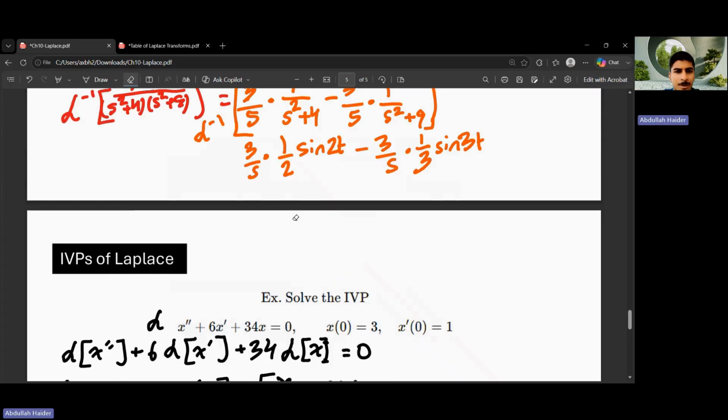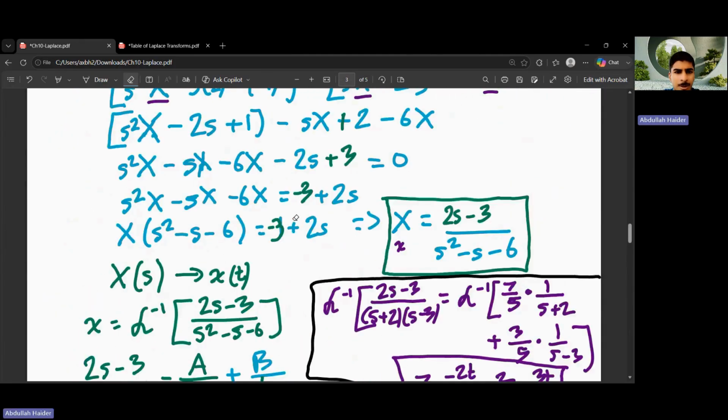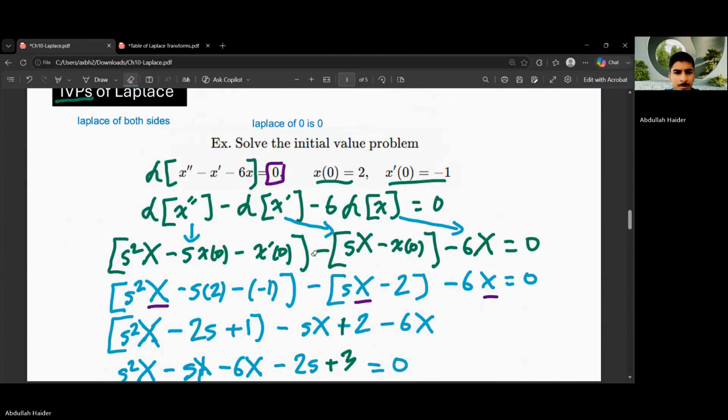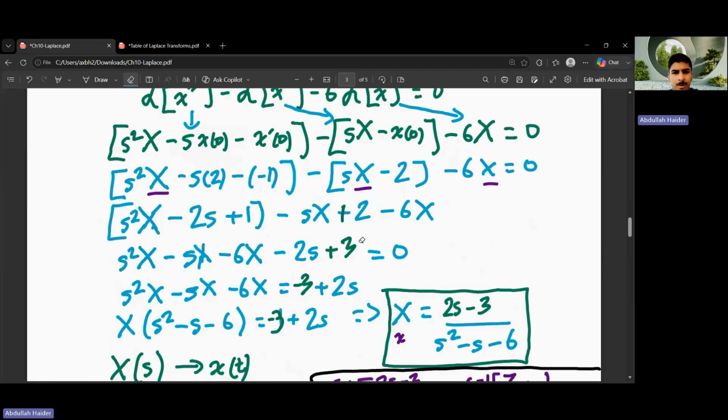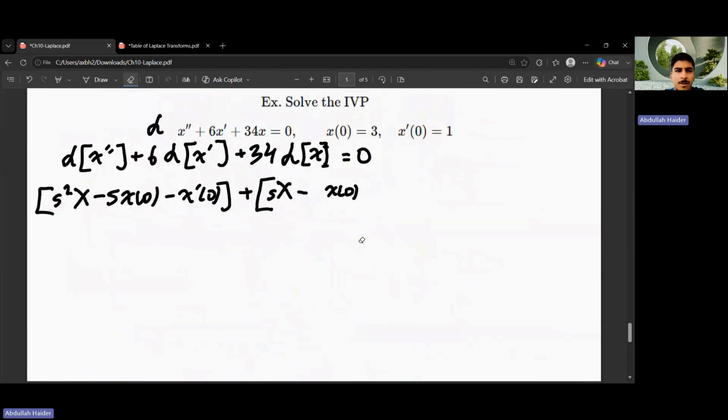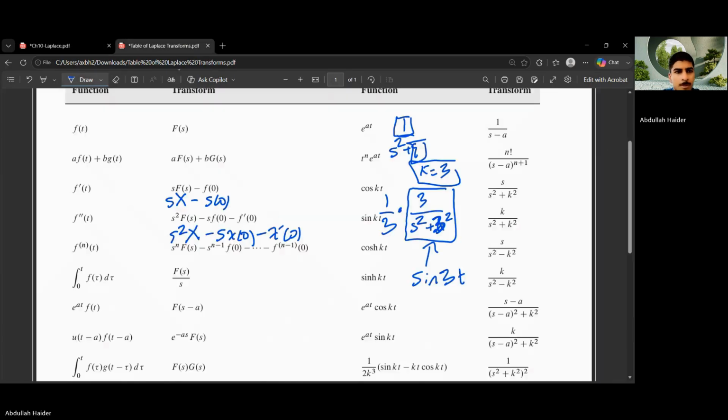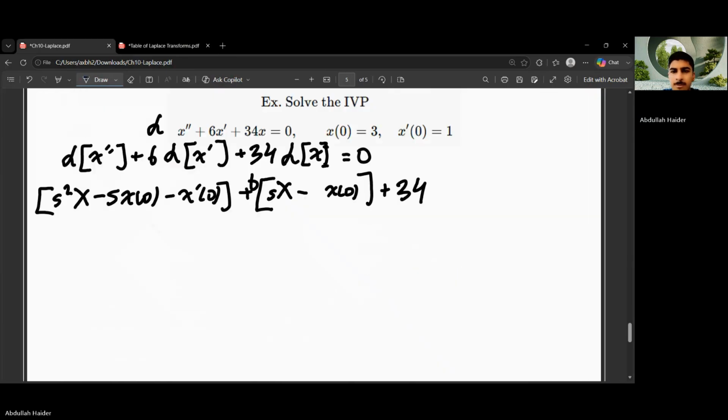I need to check something above. Did I do any mistake here? Yeah, I'm fine. Minus x of 0, there should be a 6 here as well. That's 34. This should be the big X. Is equal to 0.